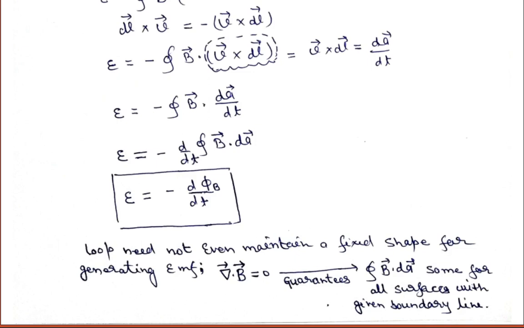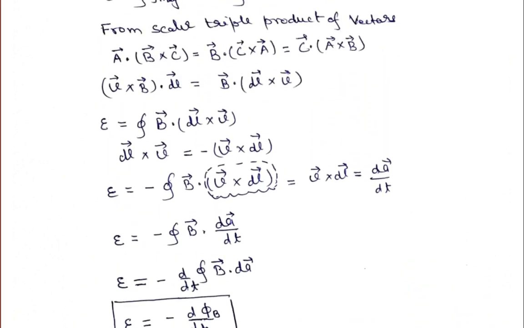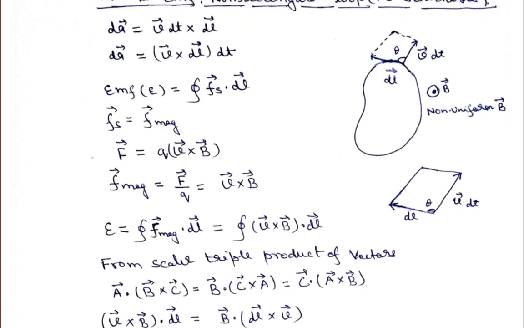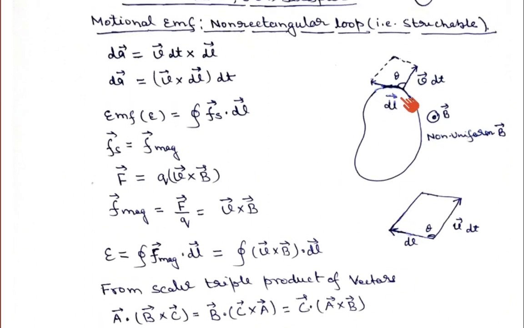Then we calculated the EMF for a non-rectangular loop, or a stretchable circuit. As the circuit is moving, the loop is changing, because the circuit is moving in this direction.